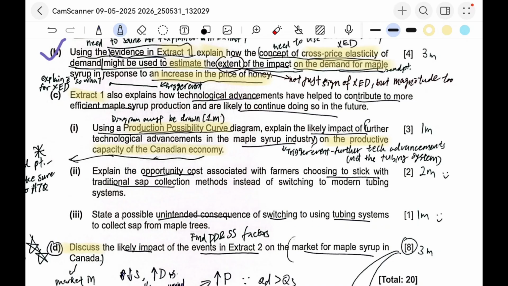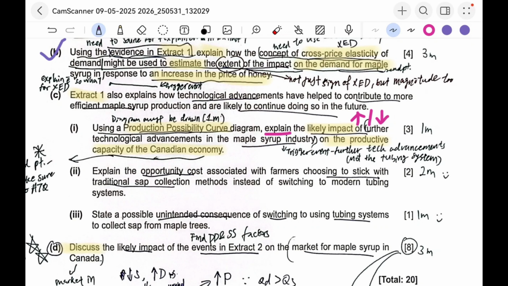So we know that from the extract it says, yes, the technology advancement makes it more productive. So that is a conclusion, but C part 1 is asking you to apply PPC to show how this is achieved. So the likely impact, we will have to identify, is this an increase or decrease, and explain. So how do you use PPC to explain?